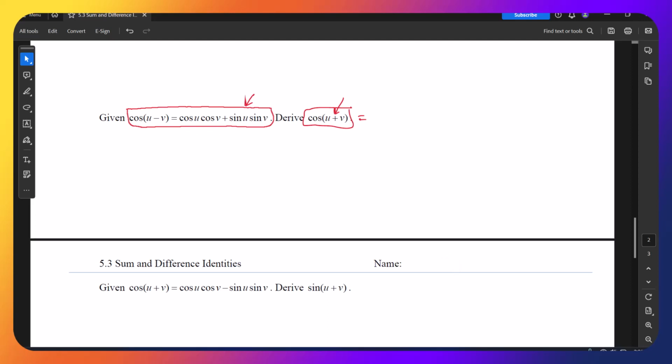In order to do that, we need to realize that cosine is an even function, so I can go ahead and rewrite it as cosine of negative u plus v, and then distribute the negative onto both angles.